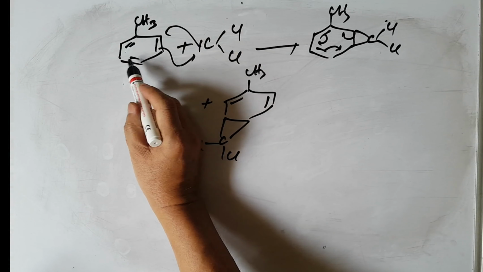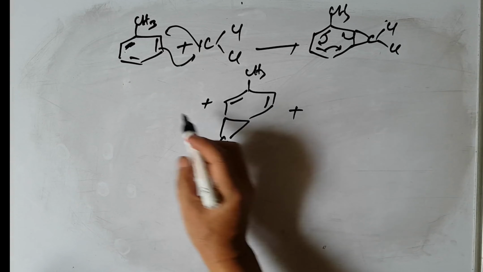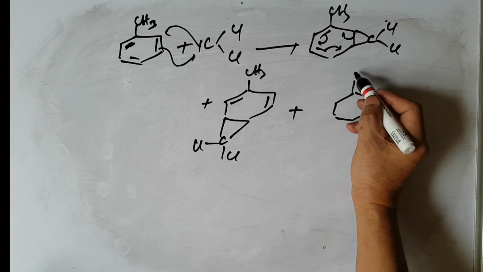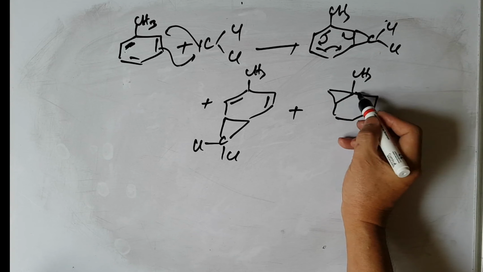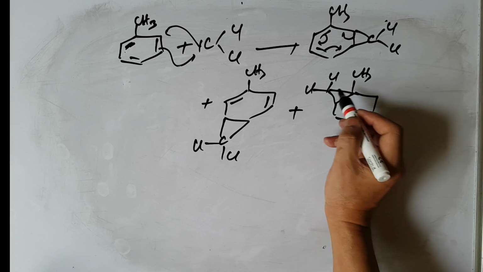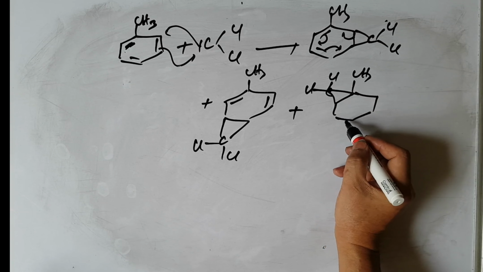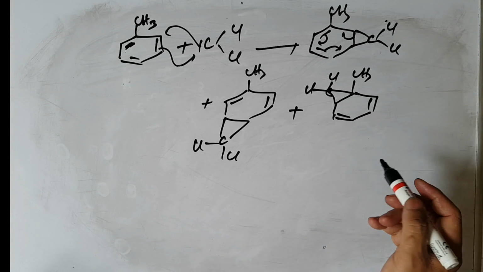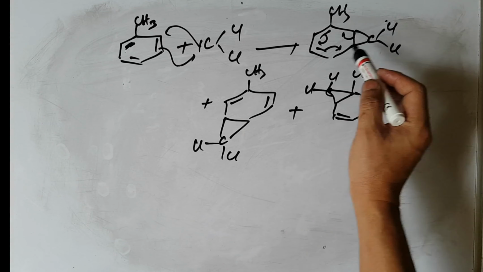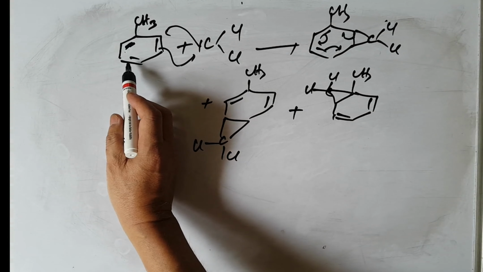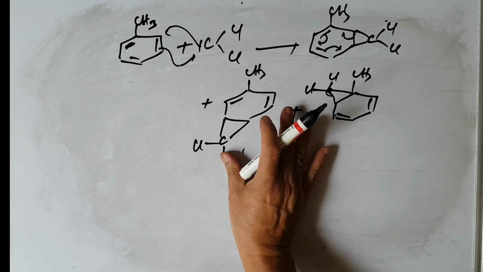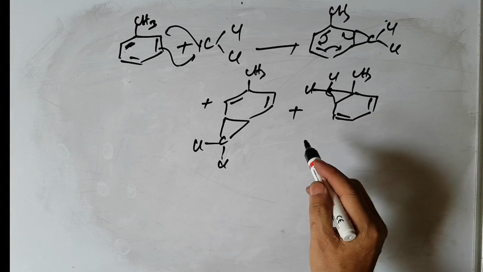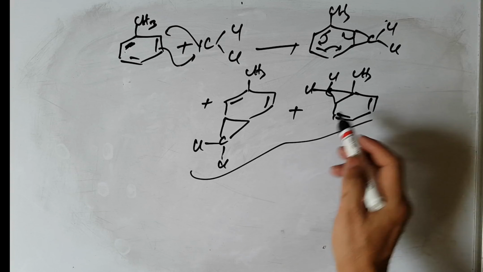So here this reacted with this one. Another one is the reaction of this one. So here the double bond reacts with this CH3 here, and this carbon, and here this double bond is intact like this. Okay, you got three products. The first one addition here, the second addition is here, and the third addition is this way. So now these can go through ring expansion. These three will give ring expansion.